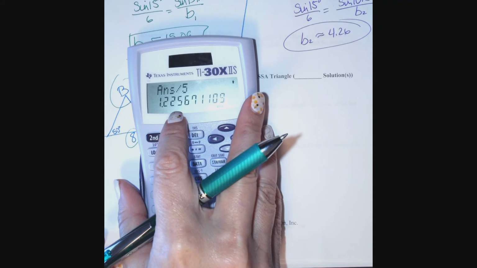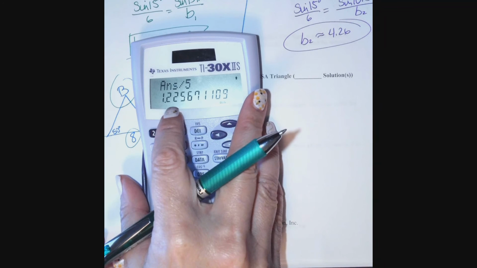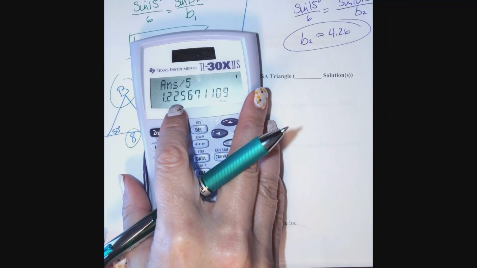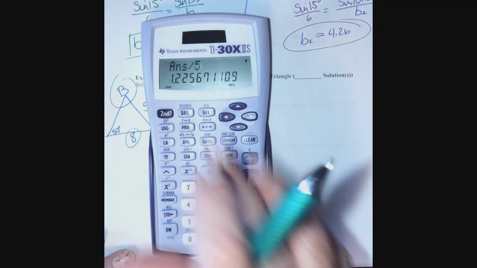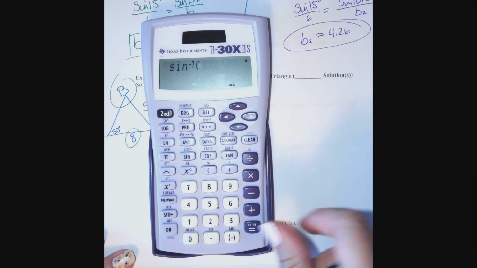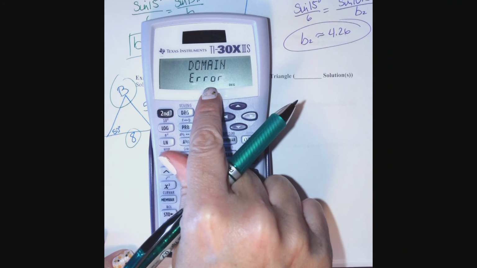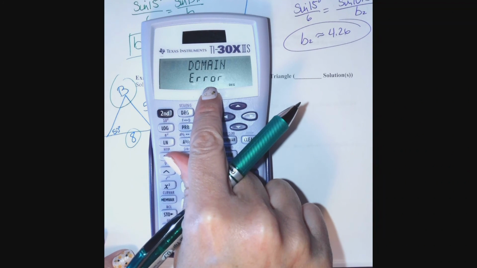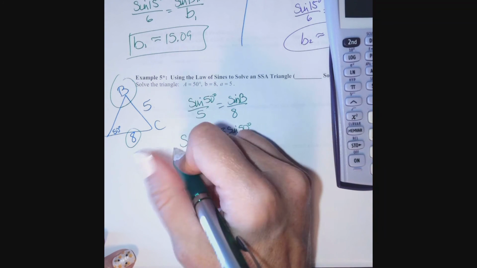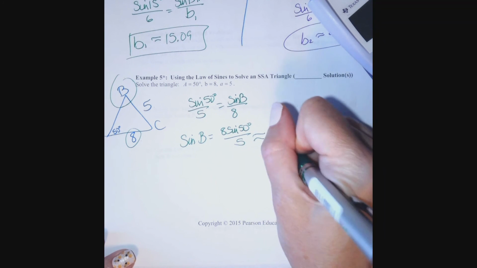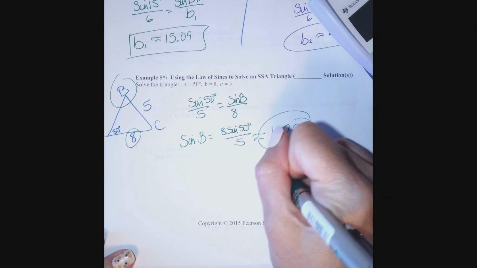Now, what am I going to do next to solve for angle B? Well, I'm going to take the inverse sine of that. Anybody notice an issue here? What are my possible sine function values? When I take inverse sine of that answer, domain error. I can't have a sine function value that is beyond 1 to negative 1. This comes out to be about 1.23.